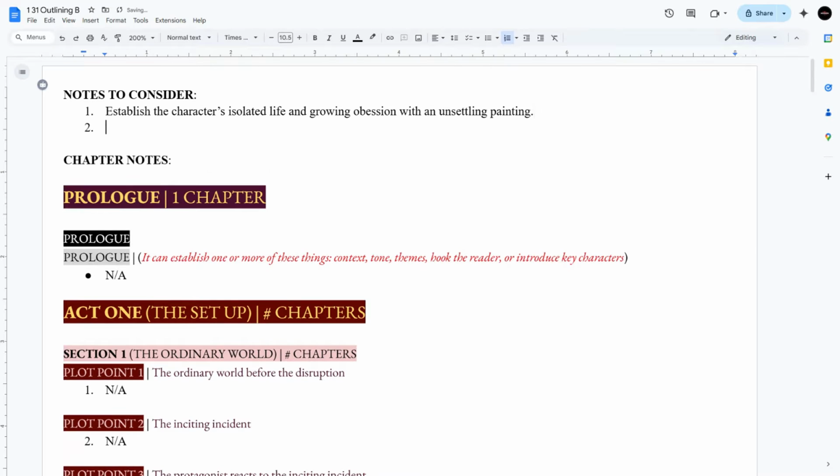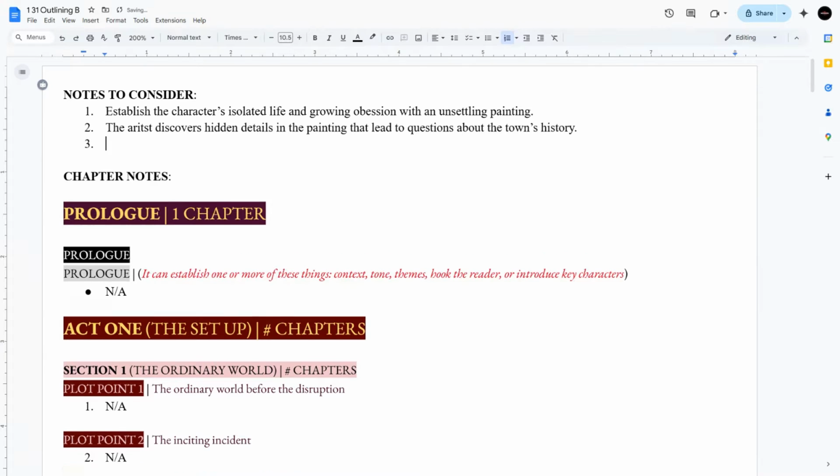The inciting incident, right? So let's say the artist discovers. What did they discover? Discovers hidden. Let's just make it Da Vinci Code it. Hidden details in the painting that lead to questions about the town's history.